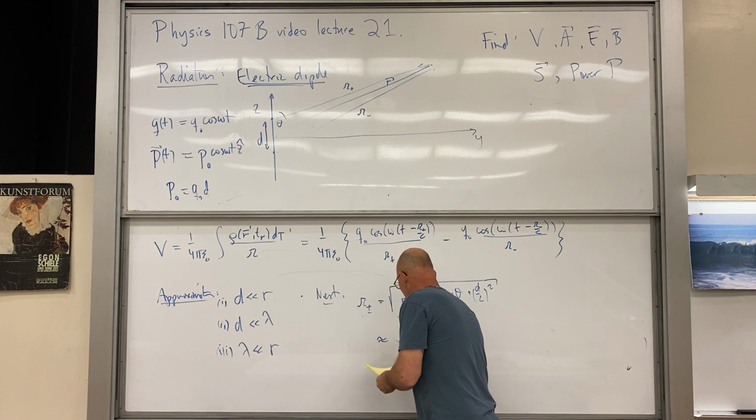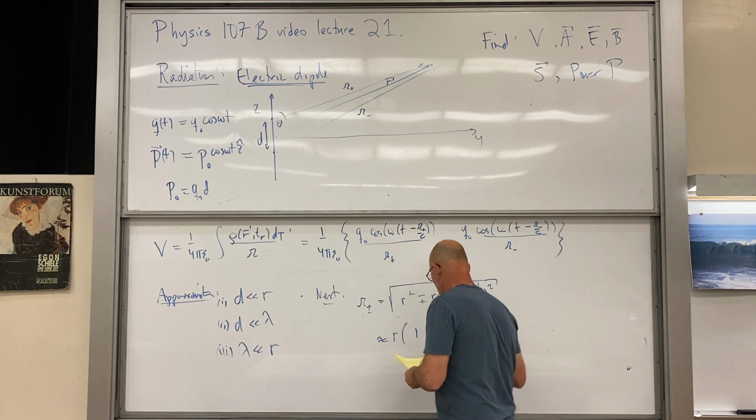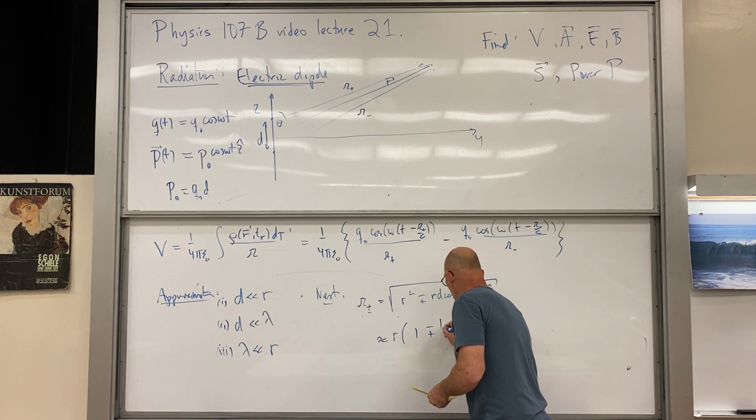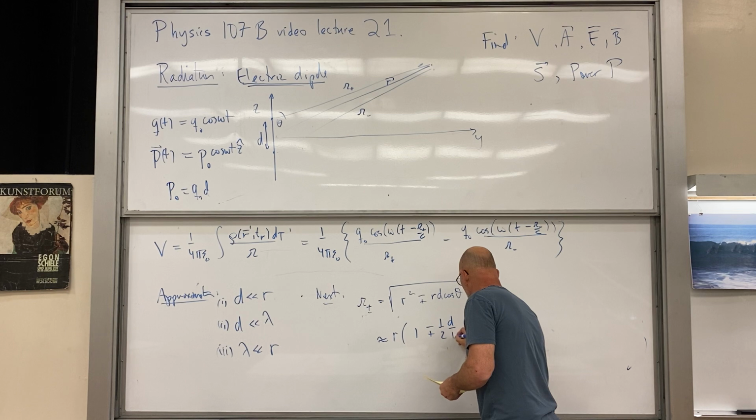So there was r times 1 minus or plus 1/2 of this d over r cos theta.